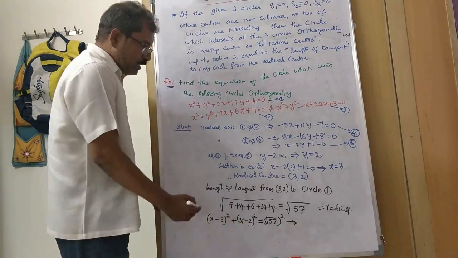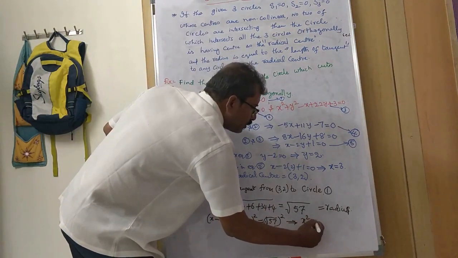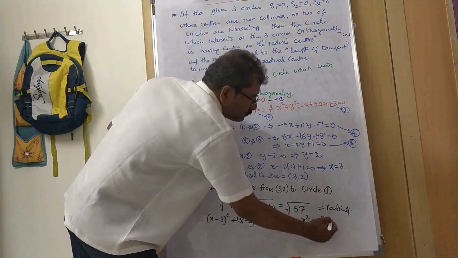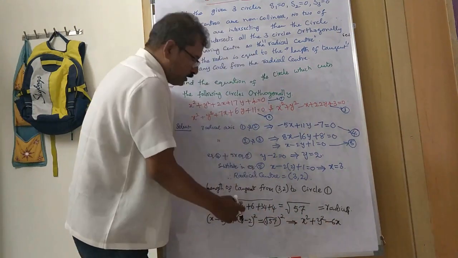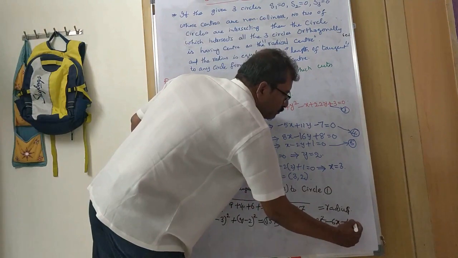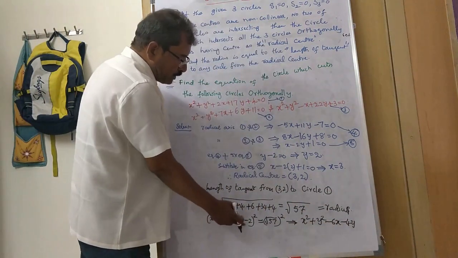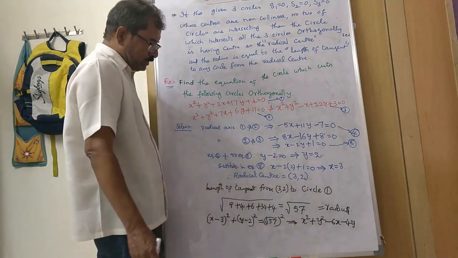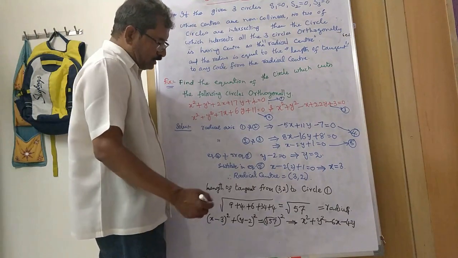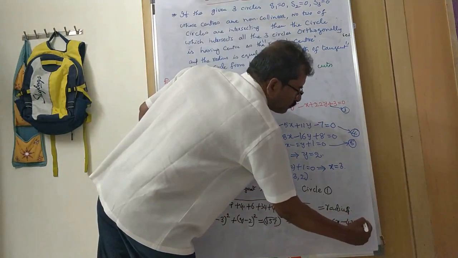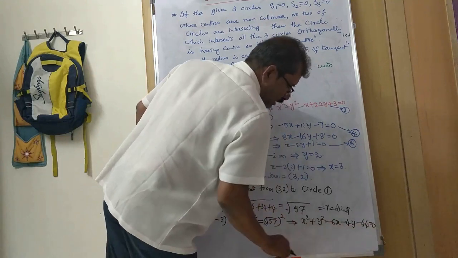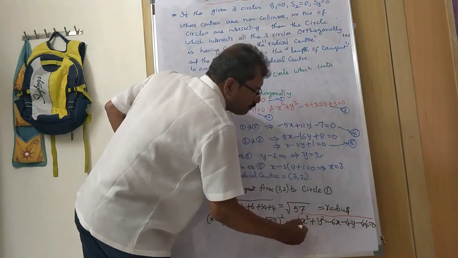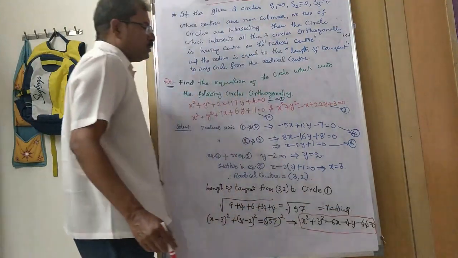This implies x square plus y square, and from this minus 6x, from this minus 4y, and 9 plus 4 is plus 13. That 57 came this side, minus 57. So 13 minus 57 is minus 44, is equal to 0. This is the required circle equation, which is orthogonal to every circle.